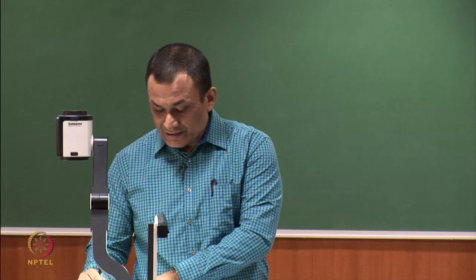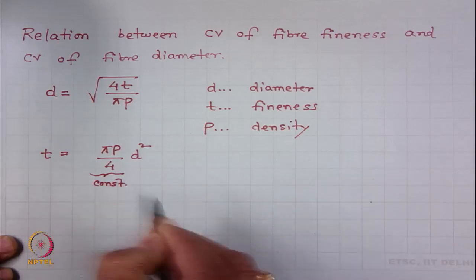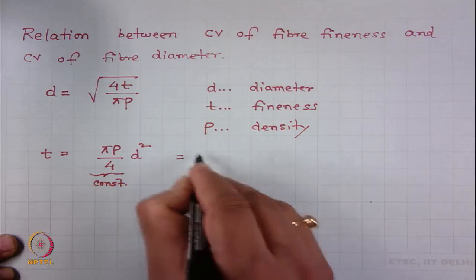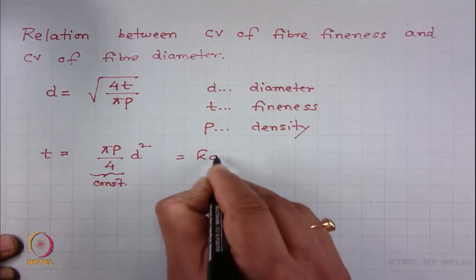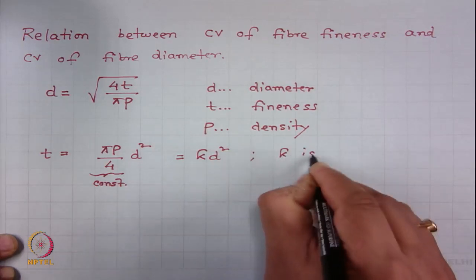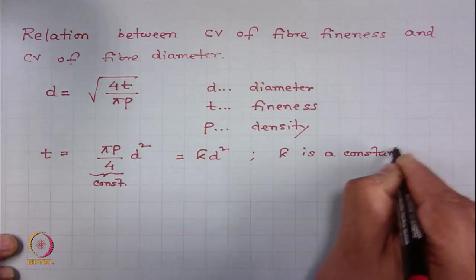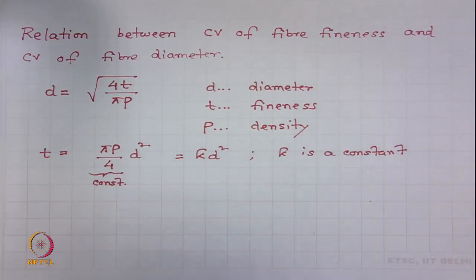So, this becomes a constant. Suppose we write this constant by k, then we write T equals k d square, where k is a constant.